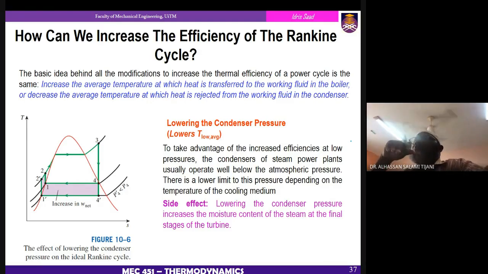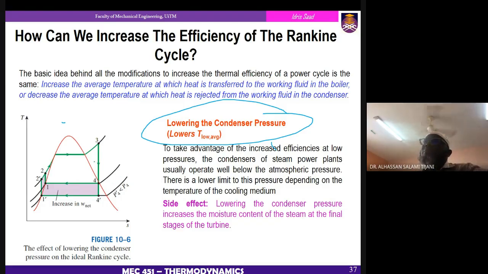One of such opportunities is that if we continue to lower the condenser pressure, it increases the efficiency. Also, if you increase the average temperature at which heat is transferred to the working fluid in the boiler, or decrease the average temperature at which heat is rejected from the working fluid in the condenser. So these are two primary, very important pieces of information.